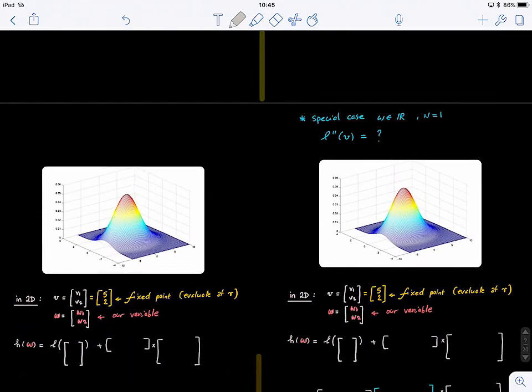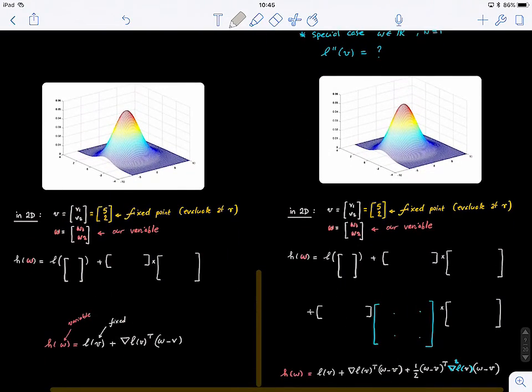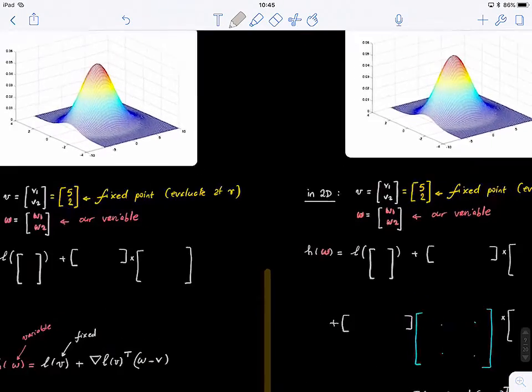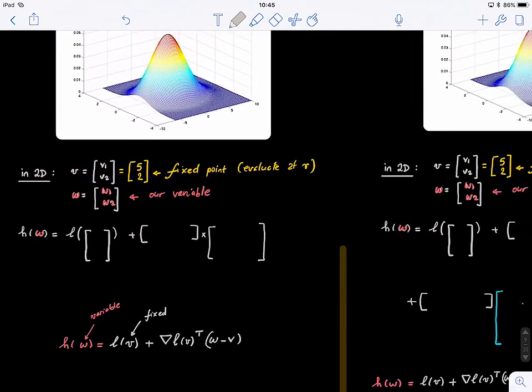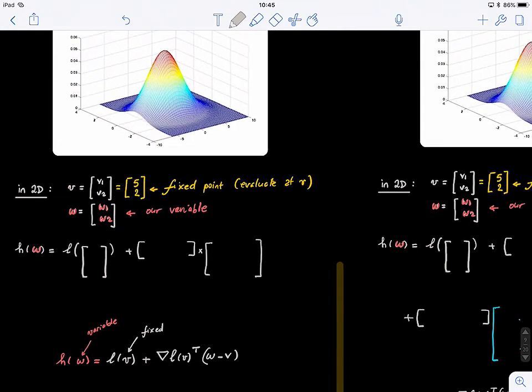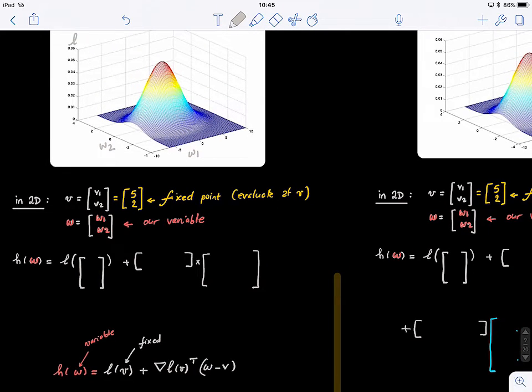Let's look back at this simple example. Go back to the first order. We have our W1 and W2, and here this is our L of W, where W is the whole vector in this case.